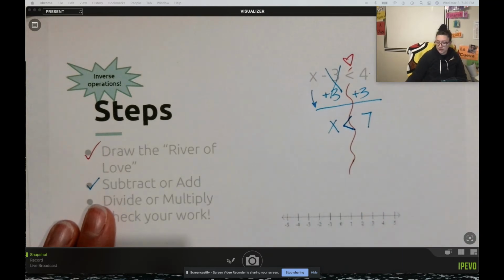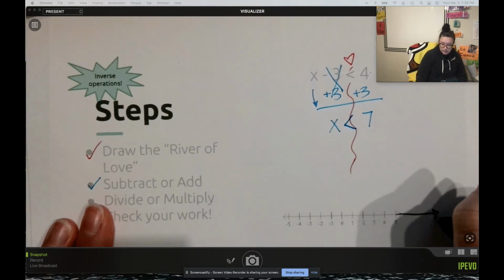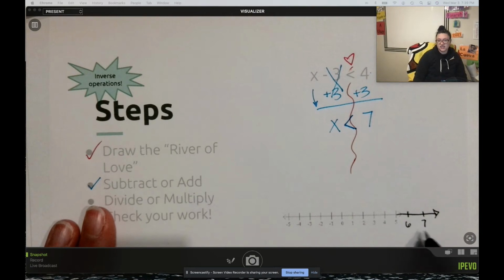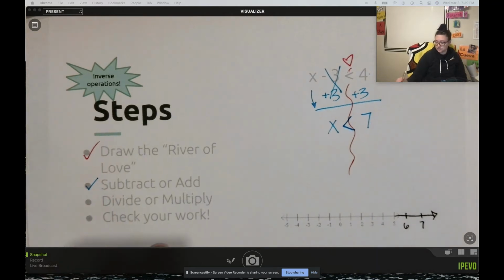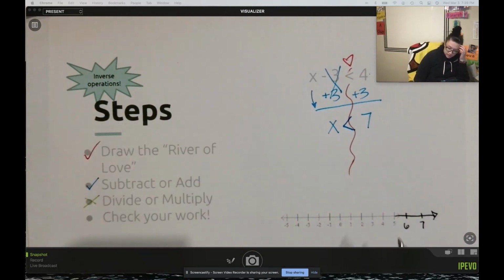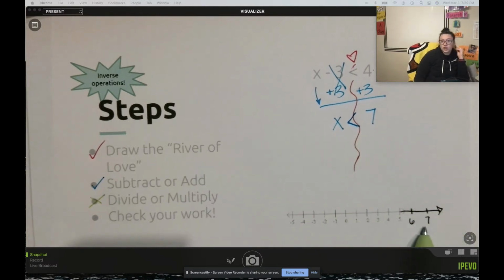Now we need to graph it. As you guys can probably see, Miss La Rosa did not make this graph long enough. That's okay. Just add on the 6 and the 7 at the end. We don't need to divide or multiply because we already solved, so you can X that one out. And here we see we have x, again, is less than 7. So does that mean we have an open or closed circle there?